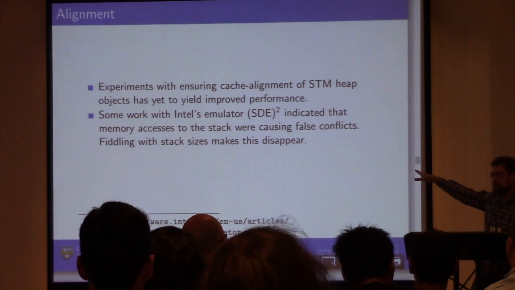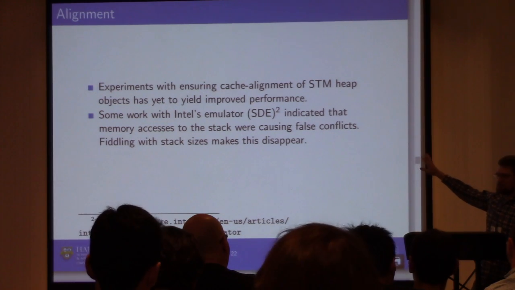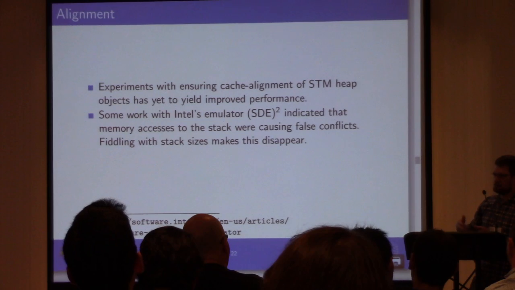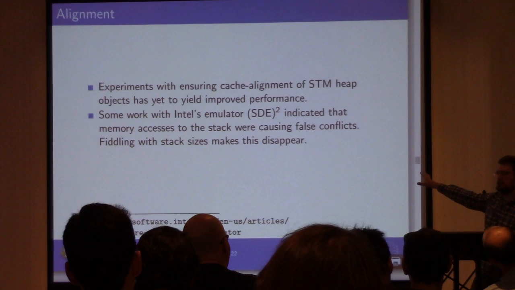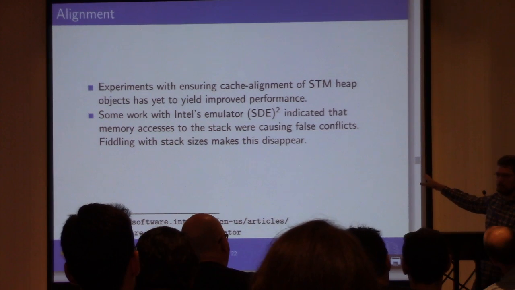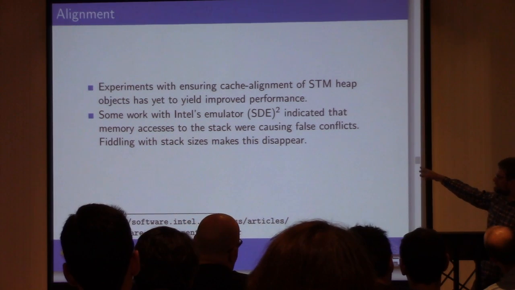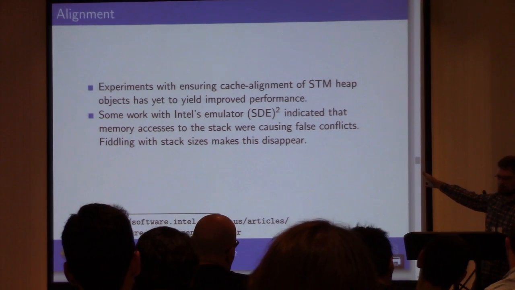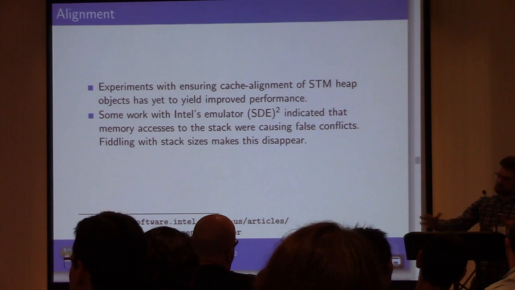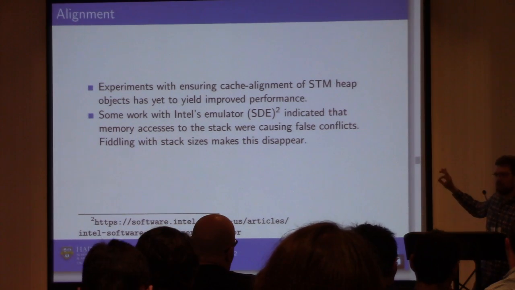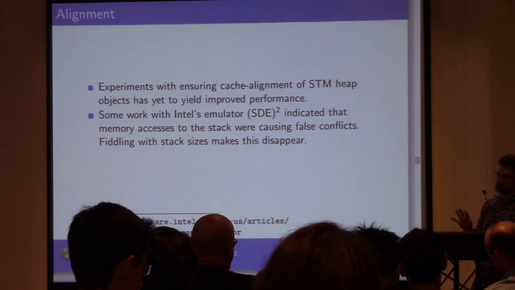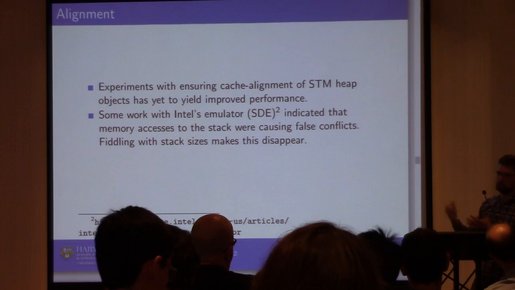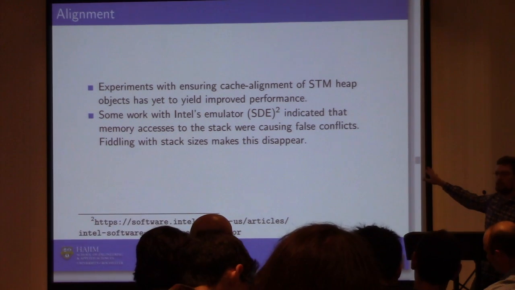But as I was doing this work, running on Intel's emulator that emulates hardware transactions so I can see what memory accesses are killing off transactions, it looked like a lot of the things that were being killed off were stack stores, which shouldn't be conflicts. And so fiddling with the stack size numbers made the stacks align slightly differently, and my guess is that we saw a lot fewer cache associativity overflows, and that drastically helped things.